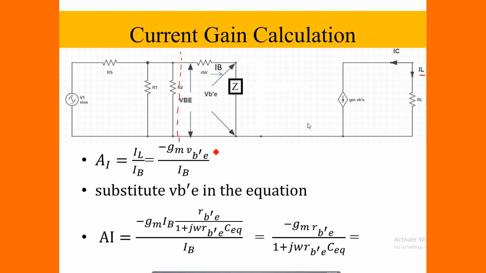Now substitute the VB dash E value that we calculated previously, and the equation is modified as minus GM IB into RB dash E by 1 plus j omega RB dash E into C equivalent, by IB. Now IB gets cancelled. It is modified as minus GM RB dash E by 1 plus j omega RB dash E into C equivalent.